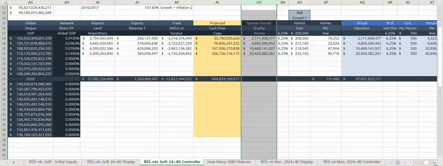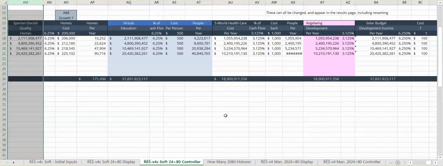Okay, now we move to the final part, and this is what the money can be spent on. From column AM onwards, we change to show what cash flow is spent on, starting with Spartan, brackets, social, close brackets, quality homes.